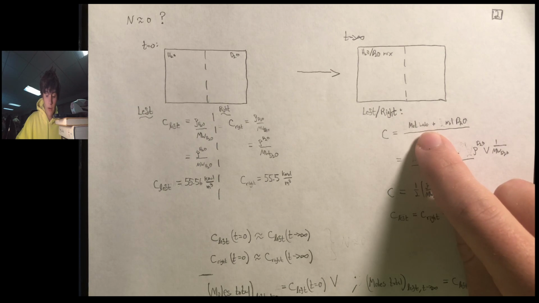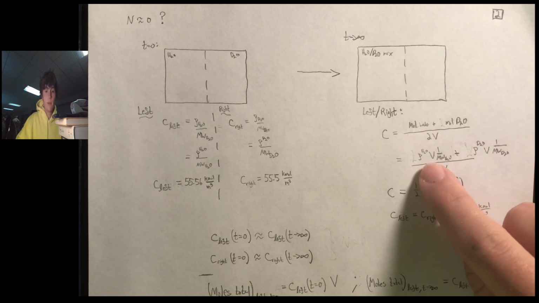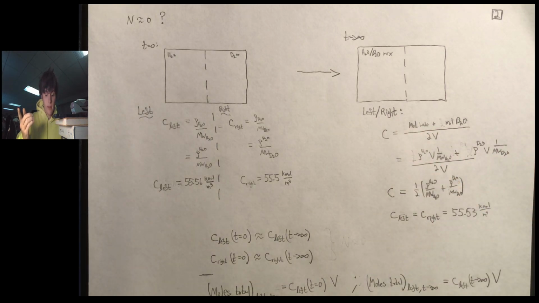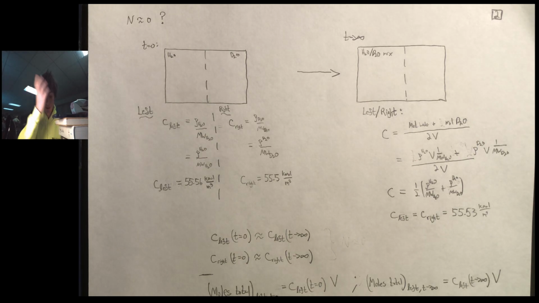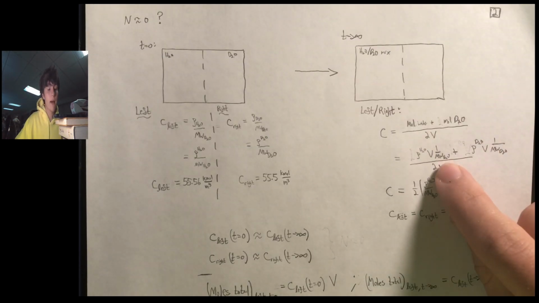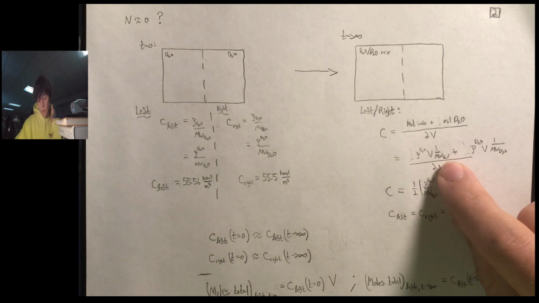So how many moles of water do we have? Well, we take the density of water and multiply by volume, and that gives us the mass of water on the left-hand side at the beginning. After t infinity, that mass is equally distributed through the entire volume. If we then divide by the molecular weight of water, we'll get the moles of water.